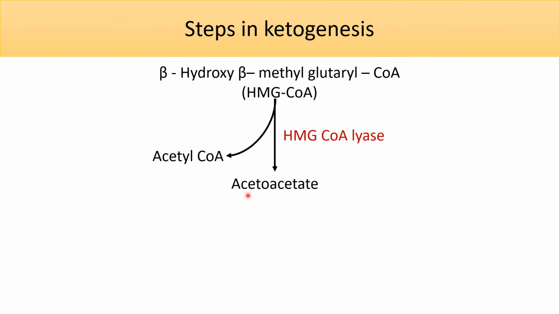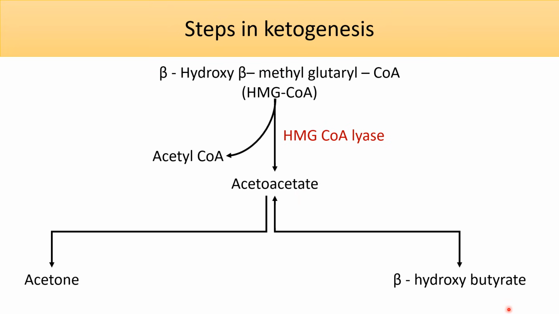Following this, acetoacetate will either undergo spontaneous decarboxylation to produce acetone, and this acetone is the second ketone body to be produced, and this is a volatile one. This can be expelled by the lung. Or this acetoacetate will undergo hydrogenation to form beta hydroxybutyrate.